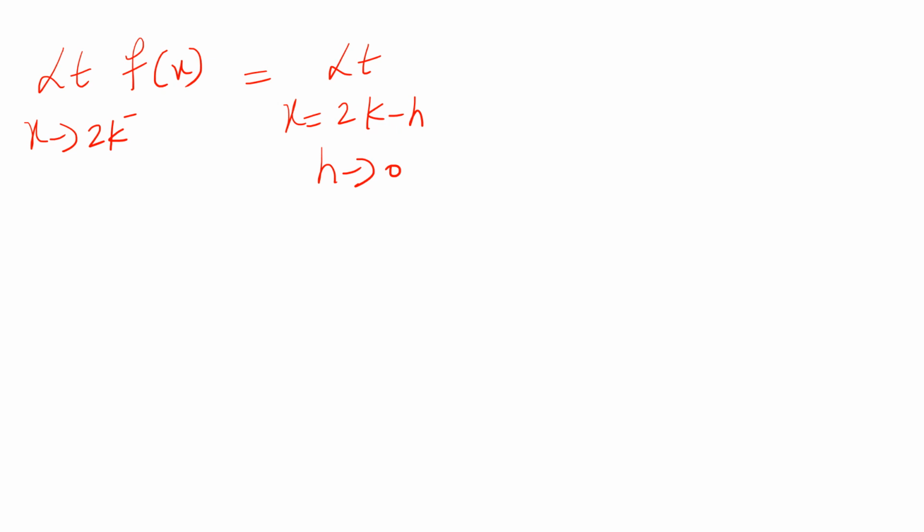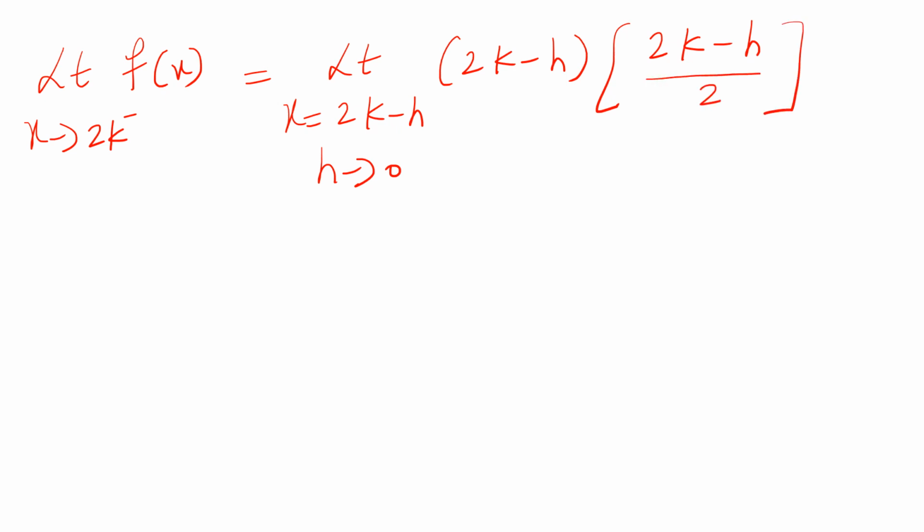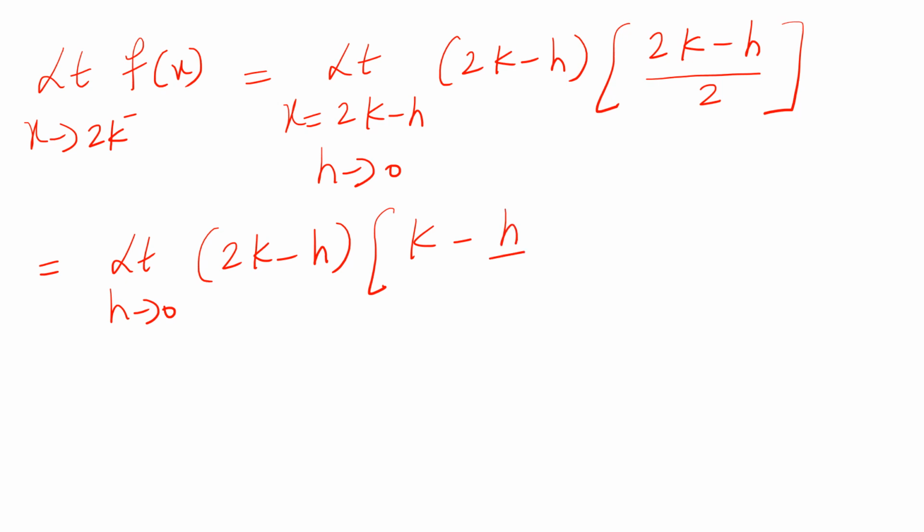Now f(x) is x into GIF of x upon 2. So it becomes equal to (2k minus h) into GIF of (2k minus h) whole divided upon 2. Now students, this further becomes equal to limit h tending to 0, (2k minus h) into GIF of (k minus h upon 2).